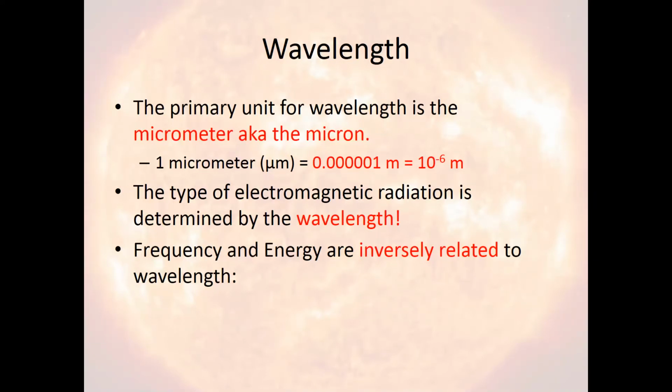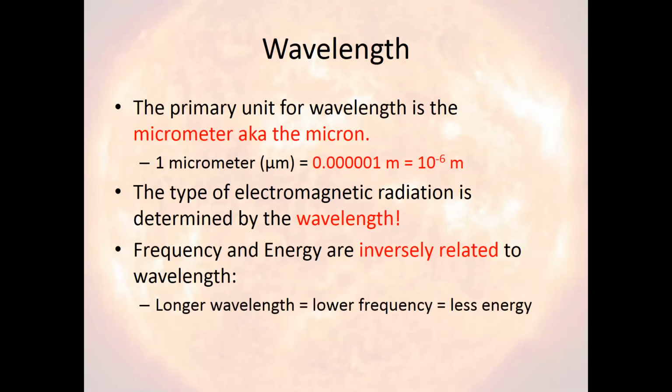If you were to decrease the wavelength of that one wave, you could fit more waves on that same page, which means that more waves would be occurring, hence the frequency would be higher. So the shorter the wavelength, the higher the frequency. On the other hand, the longer the wavelength, the lower the frequency.